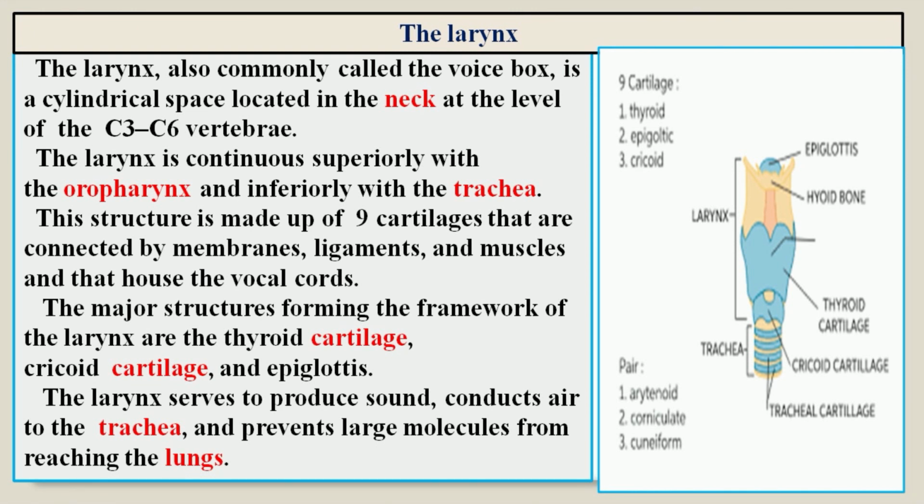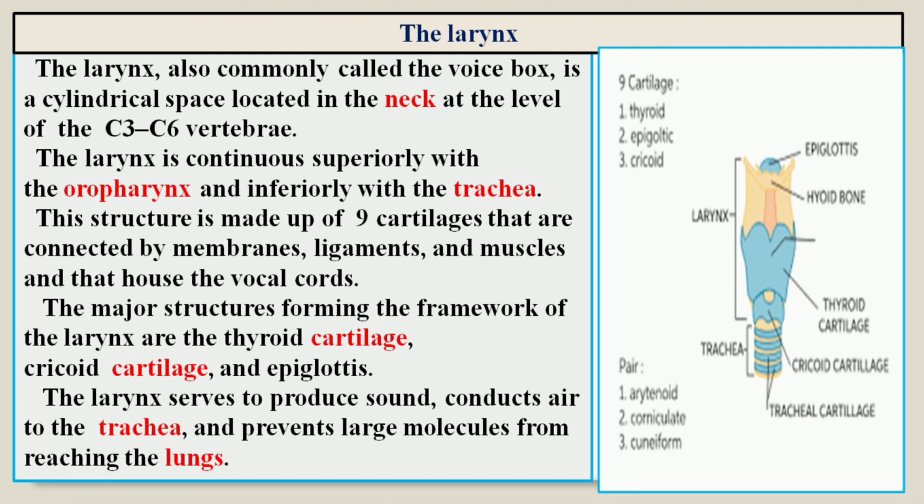This structure is made up of 9 cartilages that are connected by membranes, ligaments, and muscles, and that build the vocal cords. The main structures forming the framework of the larynx are the thyroid cartilage, cricoid cartilage, and the epiglottis.